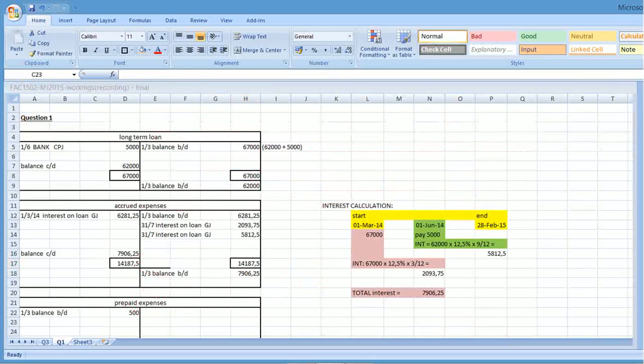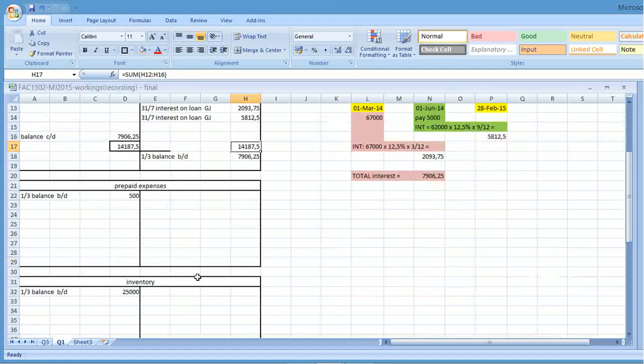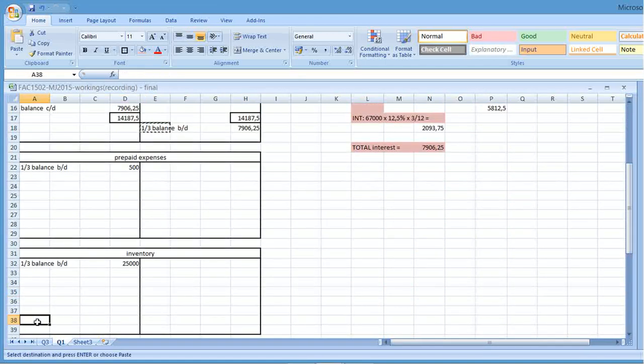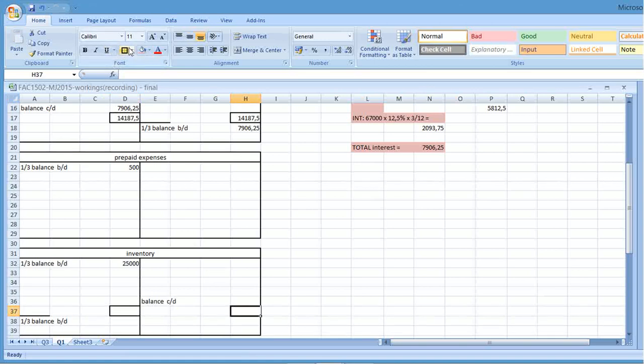So if I go to inventory, I'm going to have to record the closing stock. Balance carried down, balance brought down. And I would record 20,500 here. That would have been the balance that I would have brought down and carried down.